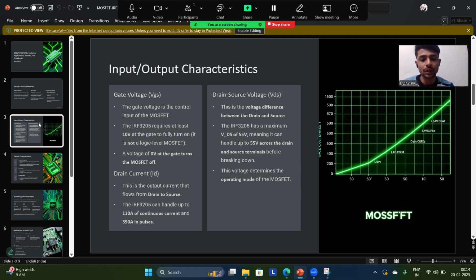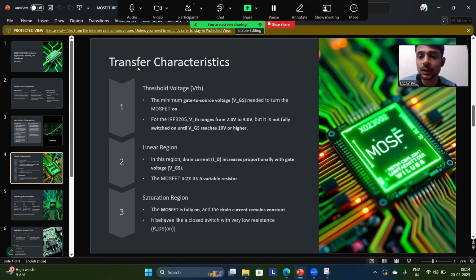Now the drain source voltage maximum is 55 volt across the drain and the source terminal before breaking down. We can also say the maximum 55 volt applies between drain and source, and the drain voltage and the gate voltage. Now also the transfer characteristic.